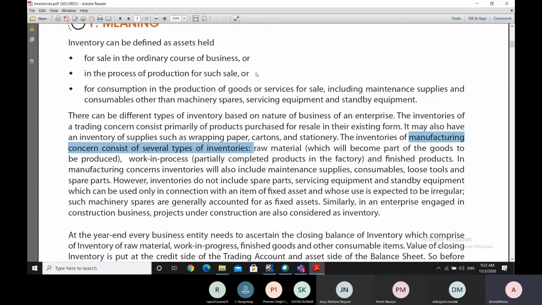So here we are referring to the raw material, and then we have the work in process, and work in process means those items which are being consumed in the production of goods or services for sale. They are being consumed, the work is not yet completed, the work is in process on the items. So those items which are in work in process, those which are the raw material, and those which are the finished products, these are broadly included in the items of inventory for manufacturing concerns.